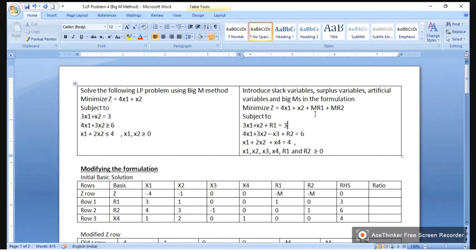Sir, in second constraint, 4x1 plus 3x2 minus x3, sir, x3 is surplus? Okay, 4x1 plus 3x2 should be greater than or equal to 6. How can we make it equal to 6?